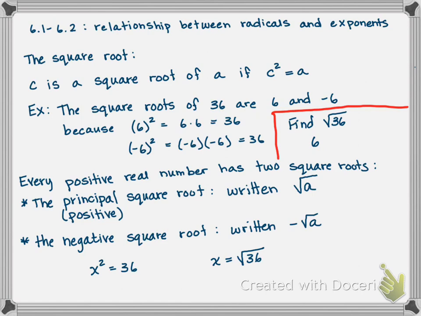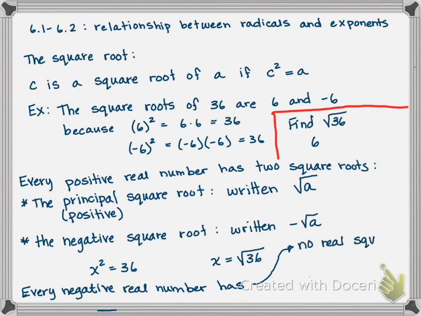And so every negative number has no real square roots. And that's why the domain behaves the way it does, right?